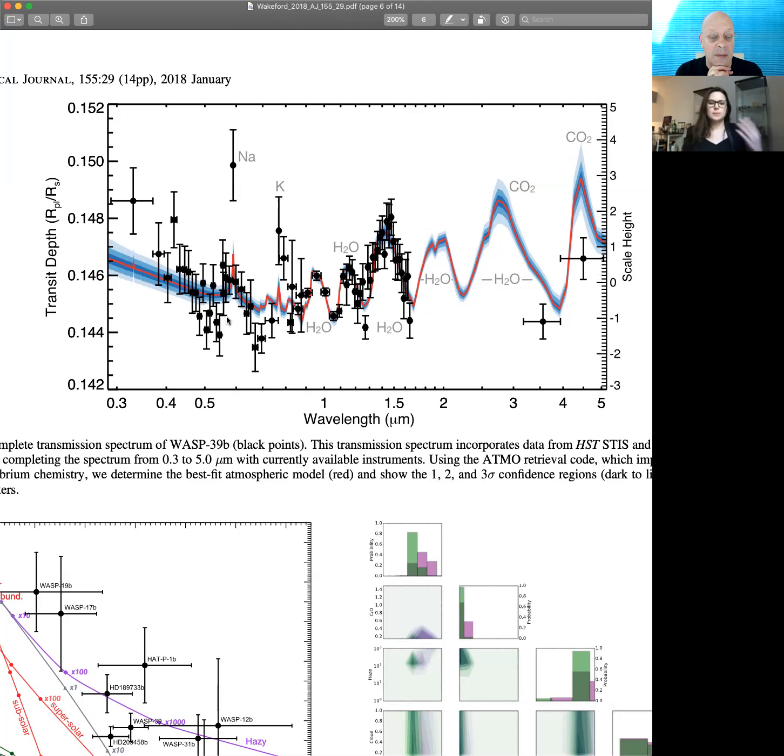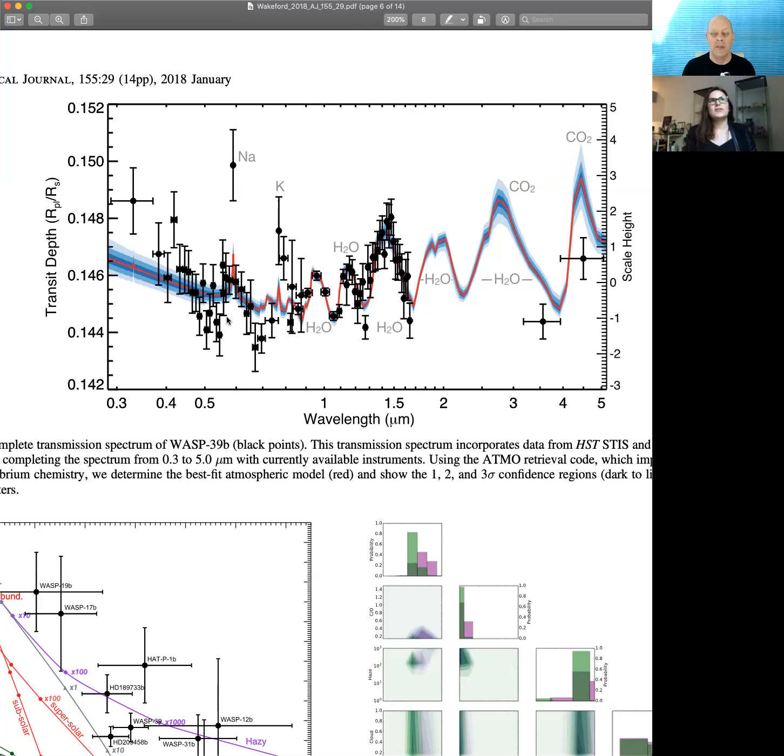Yeah. And this paper threw a spanner in the works because of that. What we were trying to do was work out how much water vapor there is. And what we found was that there's around 150 times the amount of water vapor in this atmosphere compared to solar. So compared to our sun, there is 150 times the amount of this heavy oxygen bearing species, water.